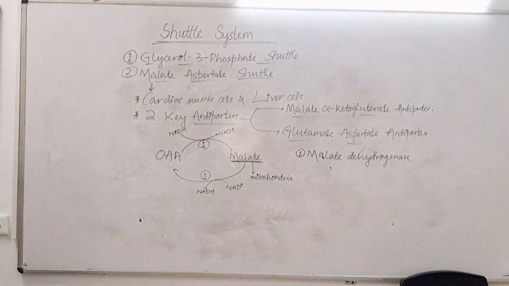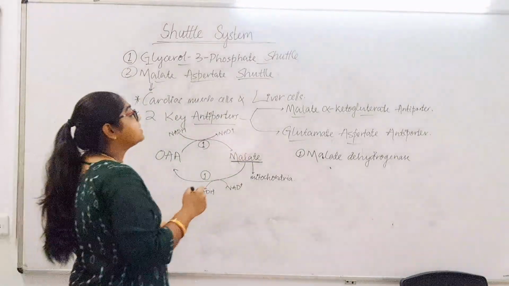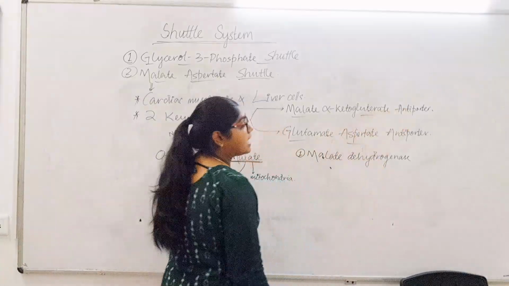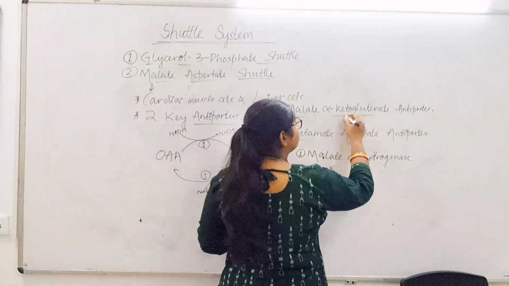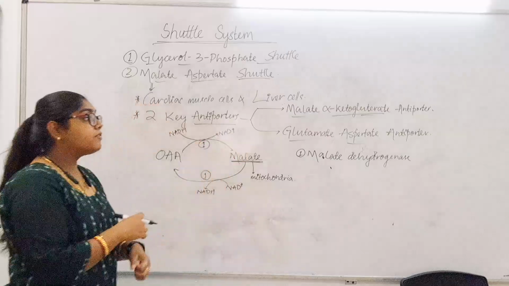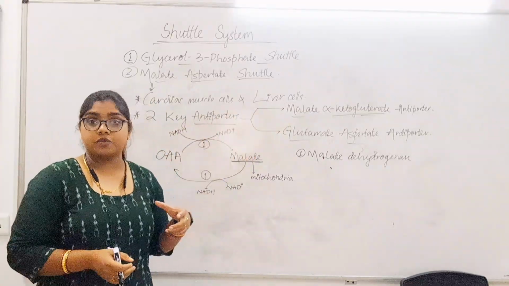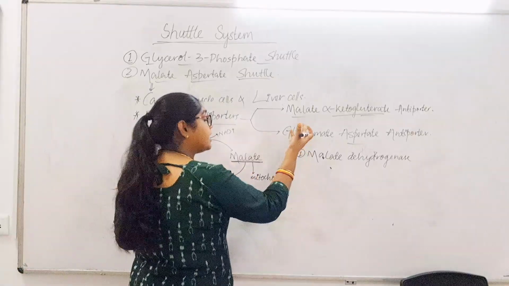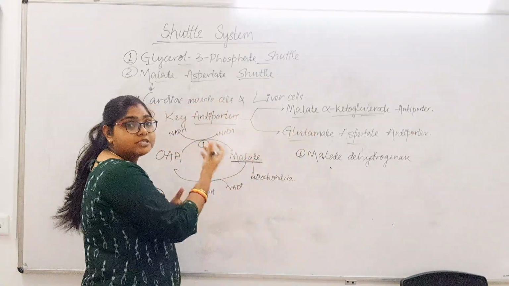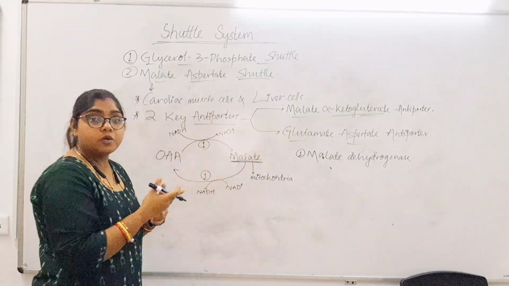Now there is another molecule present in this malate alpha ketoglutarate antiporter, that is alpha ketoglutarate. So what is alpha ketoglutarate? This alpha ketoglutarate acts as the transporter. It has to go back to the cytosol for further processes.